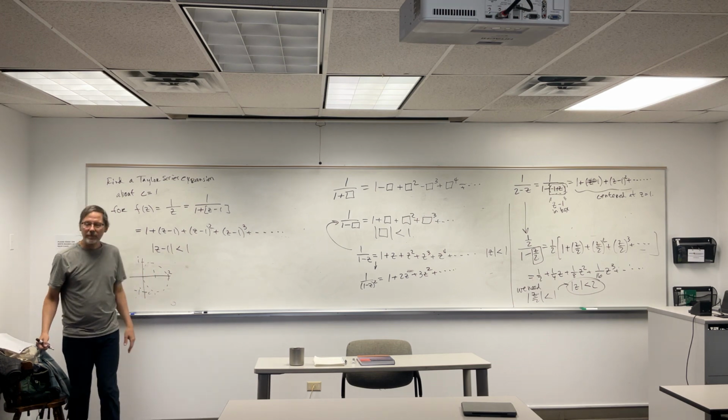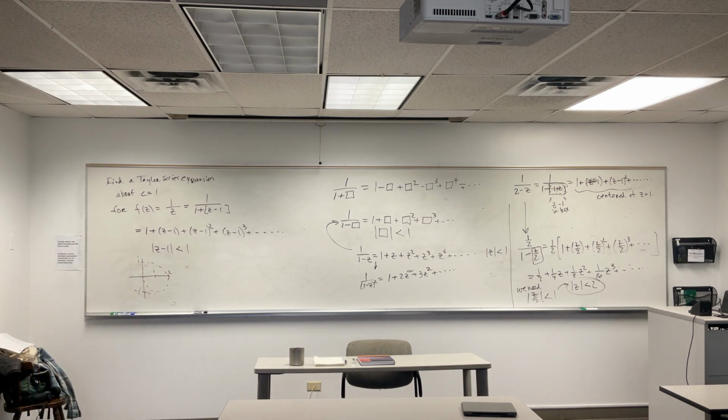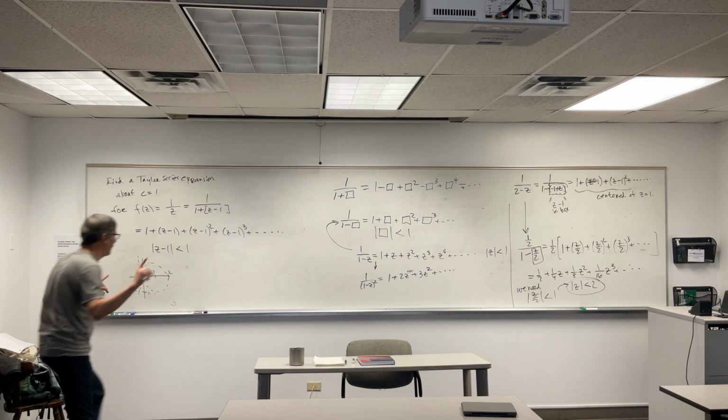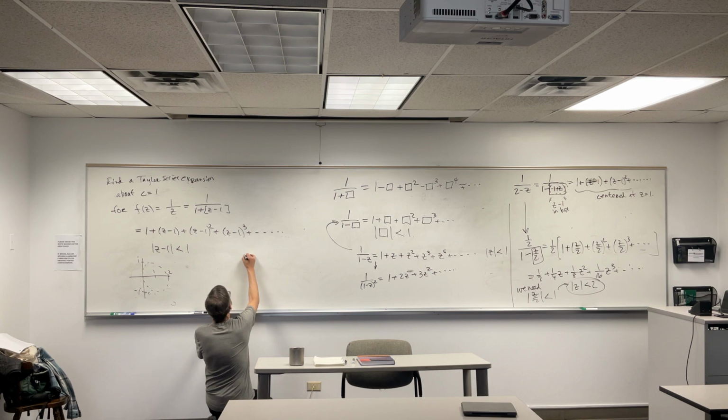So if the center is 1, on the real plane it would mean 1. Yes, on the real line. So that's what Noah said. When Noah was saying it's from 0 to 2, if it were just real stuff, then that would mean this.